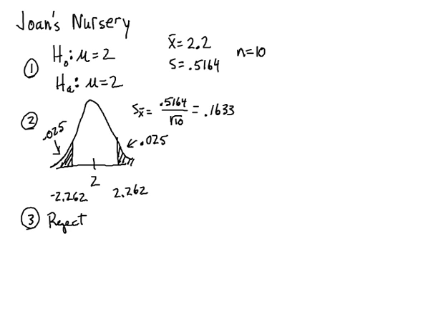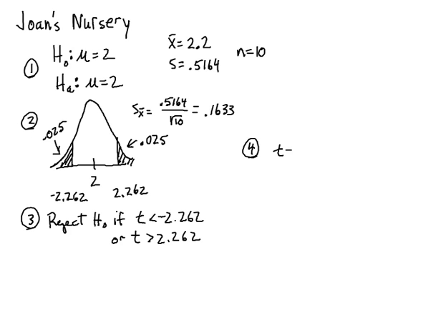And in step 3 I can create my rejection rule. I'm going to reject H sub 0 if my test statistic T is less than negative 2.262, or my test statistic is greater than 2.262. Okay, step 4.